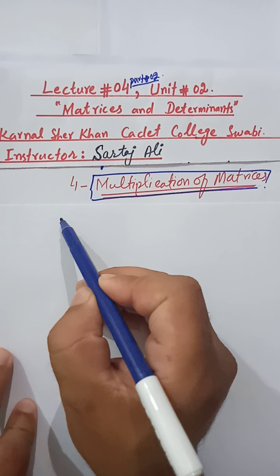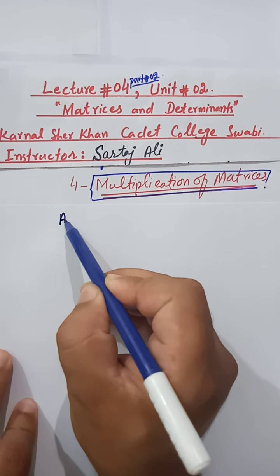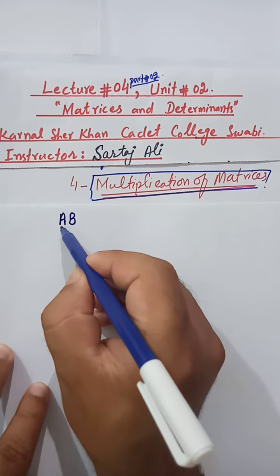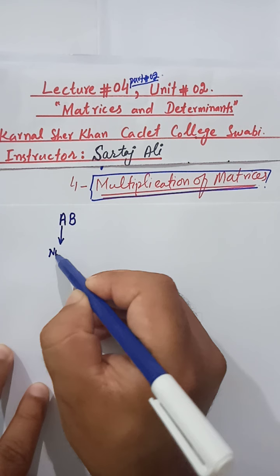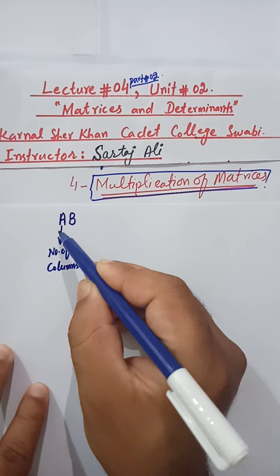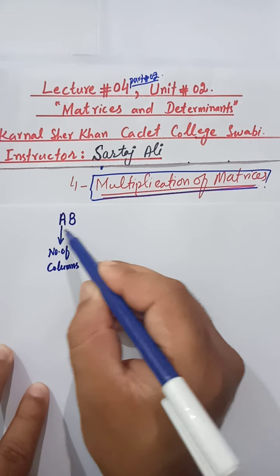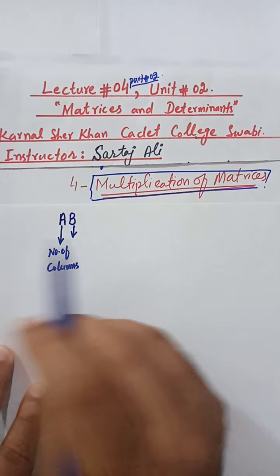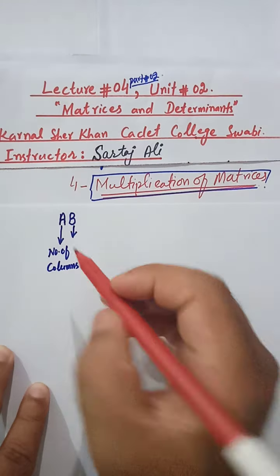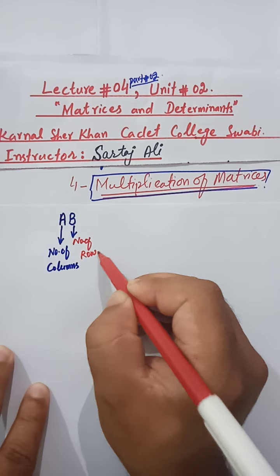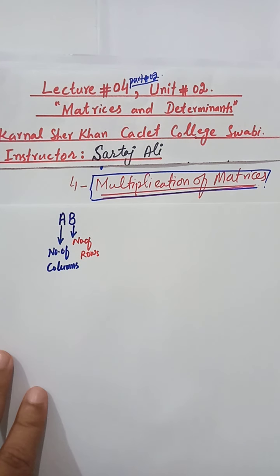In the last video lecture, if we are multiplying two matrices, this multiplication is possible only if the number of columns of the first matrix, which in this multiplication is A, is equal to the number of rows of the second matrix. Then these two matrices are said to be compatible for multiplication.